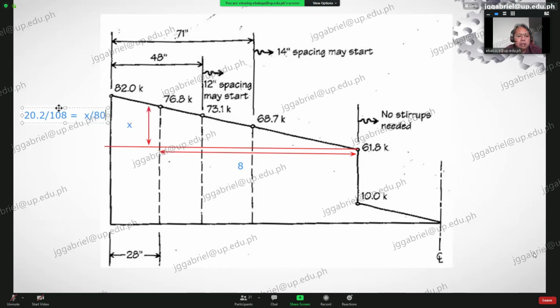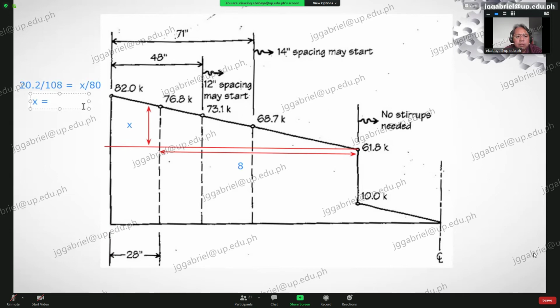Okay. So what do you get for your x? You chat me your answer. What do you get for your x? x is equal to 15.